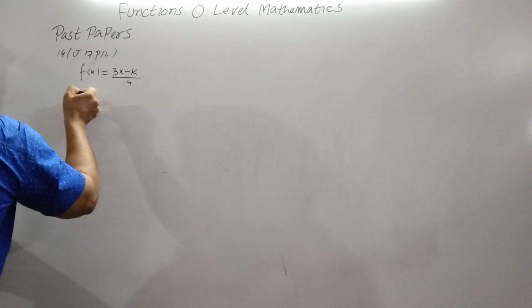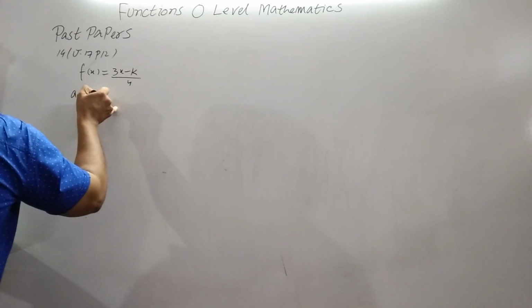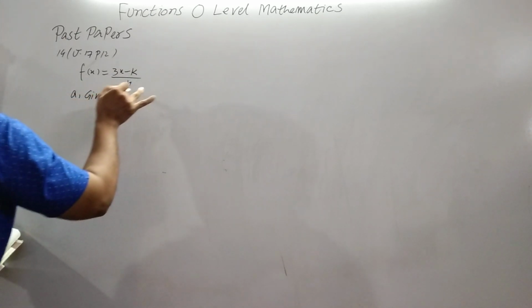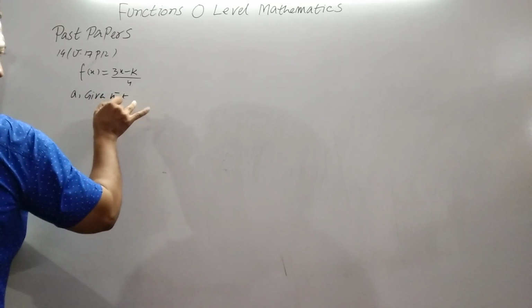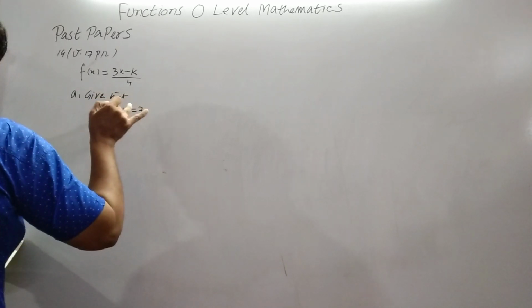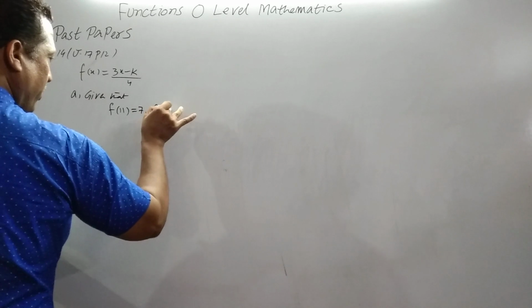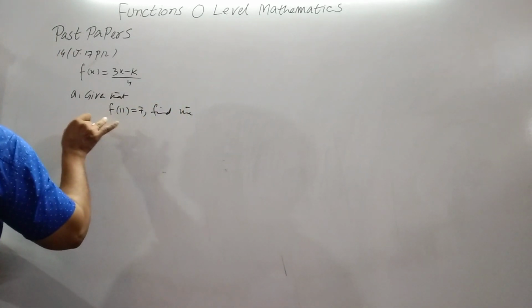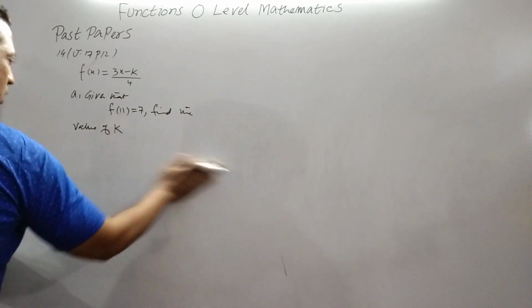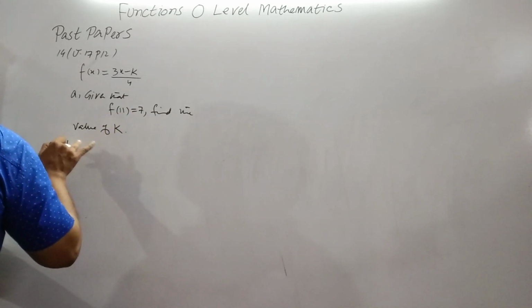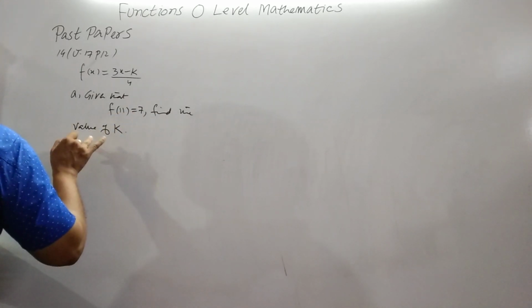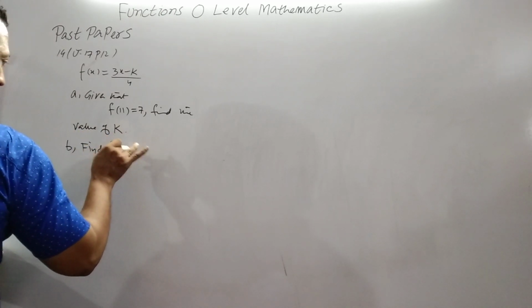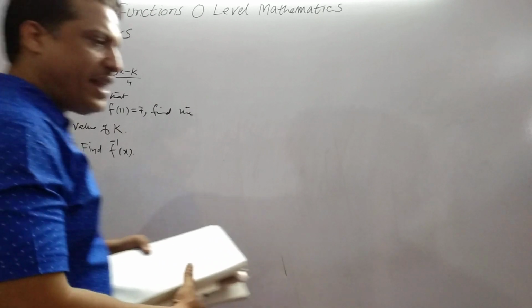Part A: given that f(11) = 7, find the value of k. Part B: find f inverse x. Very easy question.